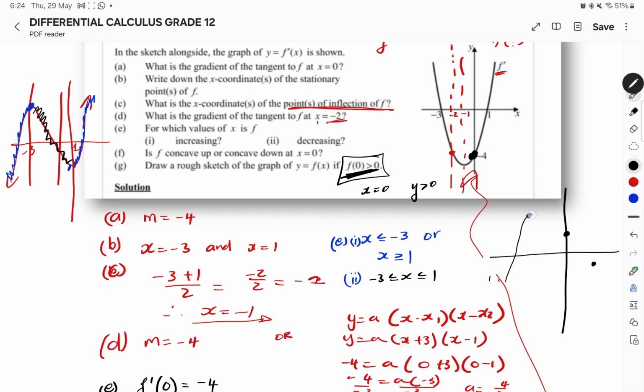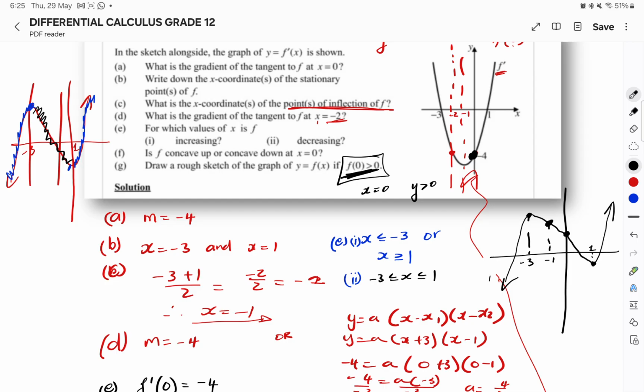So I might have something like this. Yes. And then the point of inflection is somewhere here because it's negative again. So this will be -1, -3, and 1. So this will be the rough sketch of the graph. They will normally ask for a rough sketch most of the time. Yeah, and I think that will be all.